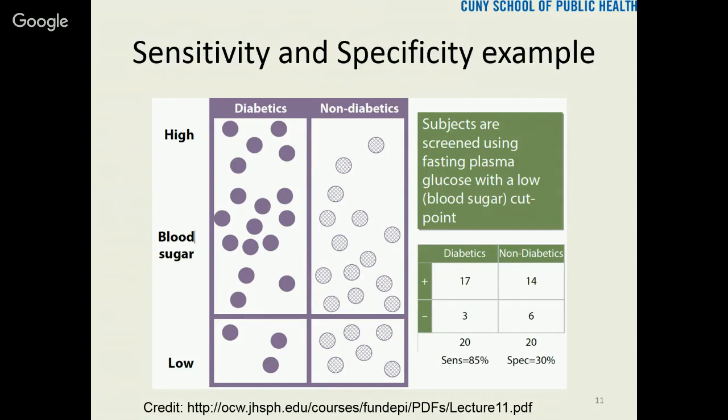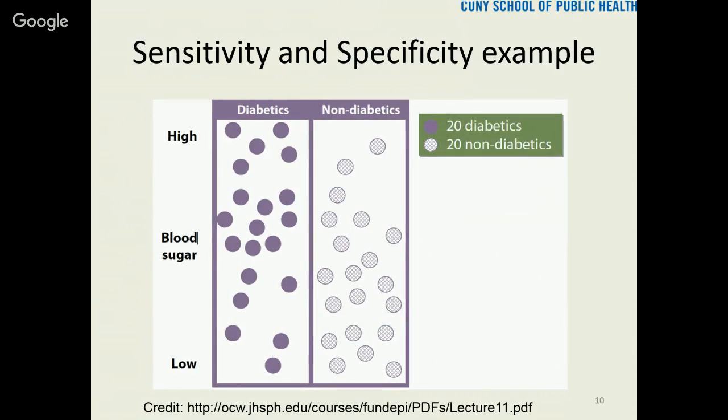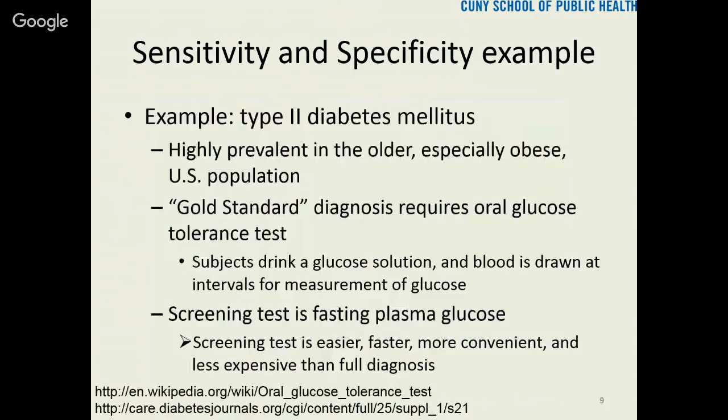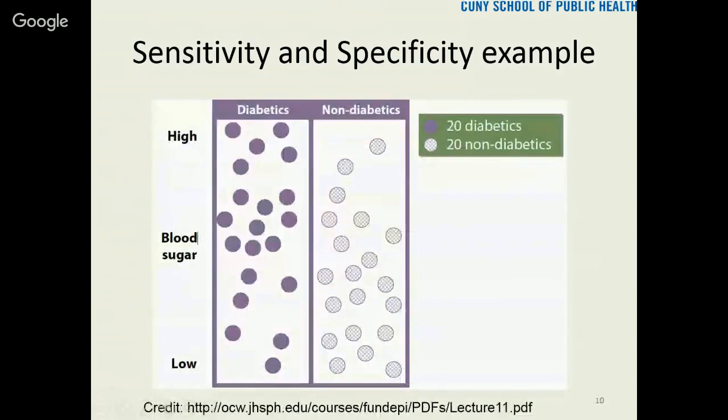Yes? Just theoretically, if you move the threshold all the way up, almost to the top, between the label for blood sugar and the label for high, then let's say there would be 2 non-diabetics above the threshold and 5 diabetics above the threshold.